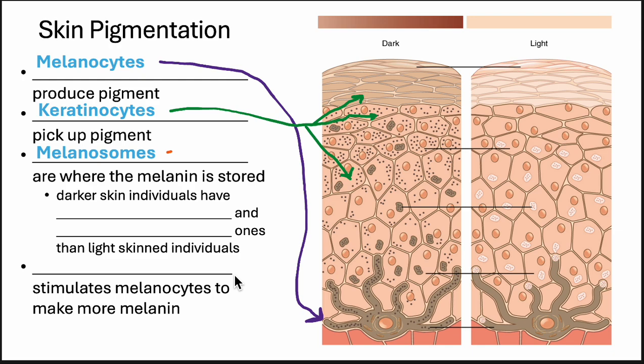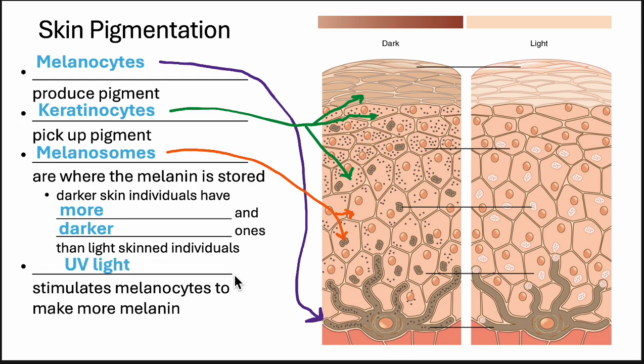In general, individuals that have darker skin are going to have more and darker melanosomes than ones that are found in lighter skinned individuals. The amount of melanocytes really doesn't contribute dramatically to the difference in skin color. It just has to do with the amount of melanin that they actually produce and that is taken up by the keratinocytes.